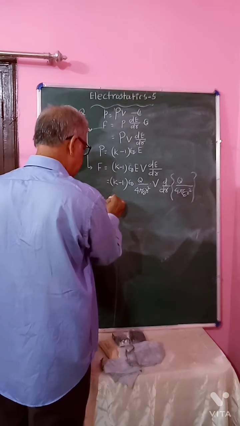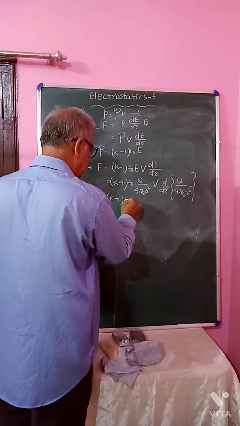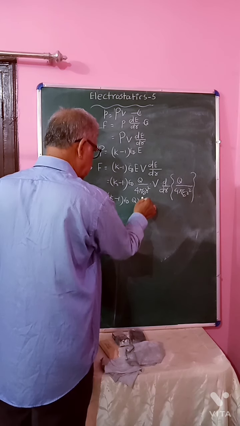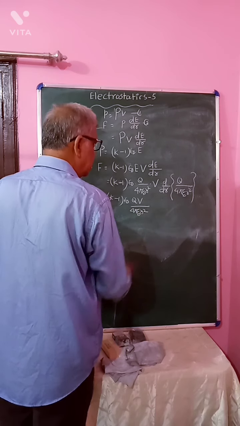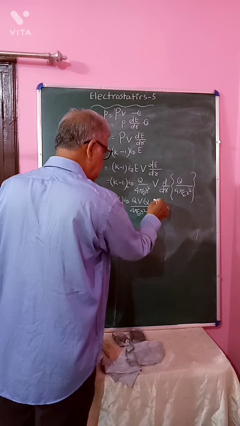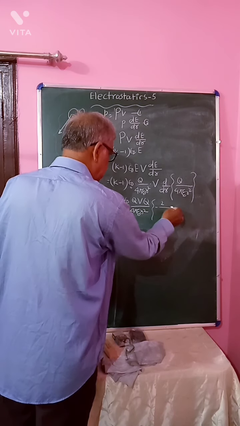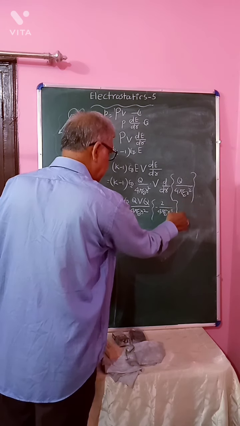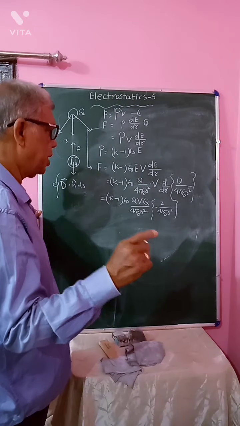This is equal to (K minus 1) epsilon 0 Q into volume, over 4 pi epsilon 0 r square, into Q, minus 2, over 4 pi epsilon 0 r cube. The derivative of 1 by r square is minus 2 by r cube.